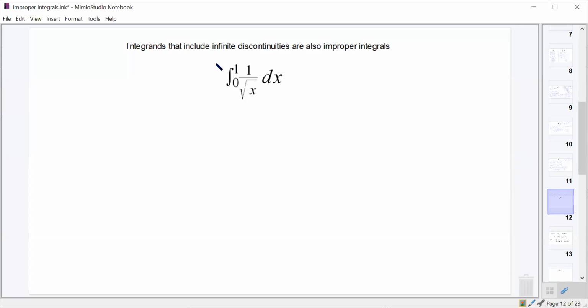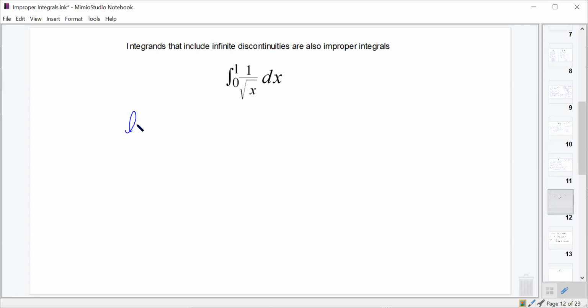So if we have an integrand that has an infinite discontinuity at one side of it, those are also improper integrals. So for example here, the integral from 0 to 1 of 1 over root x, there's an infinite discontinuity at x equals 0. And so we're going to do the same thing. We're going to turn this into a limit and just use a constant for that value.